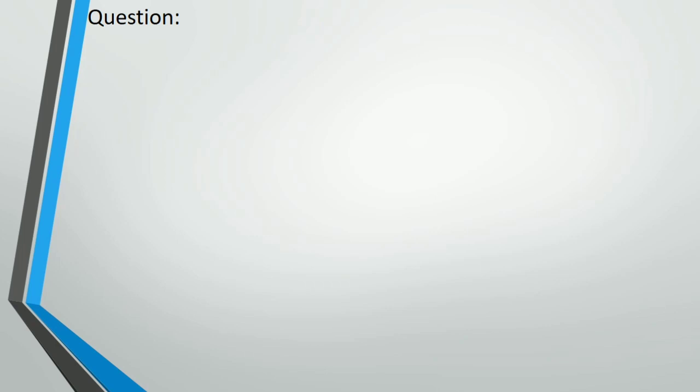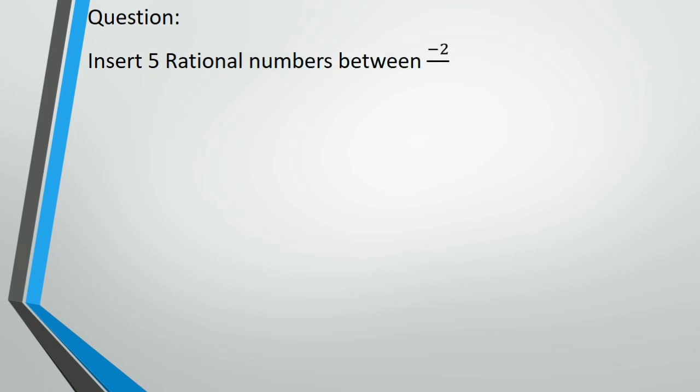Another question. Insert 5 rational numbers between two rational numbers with equal denominators. In the previous question, we inserted rational numbers between two rational numbers with different denominators, in which we used to convert those rational numbers to equal denominators.